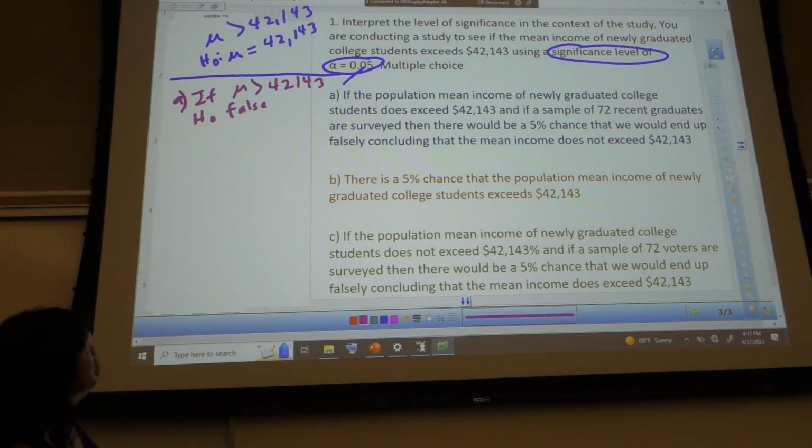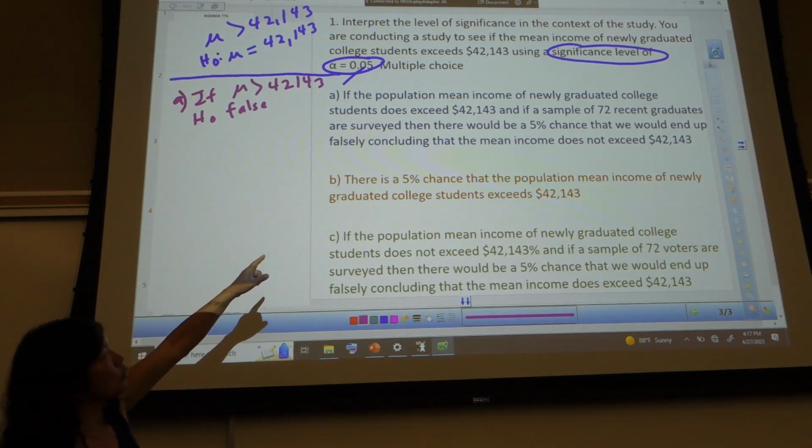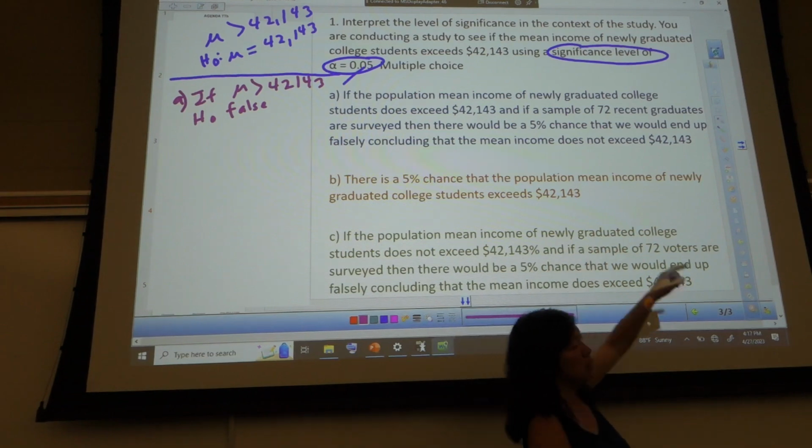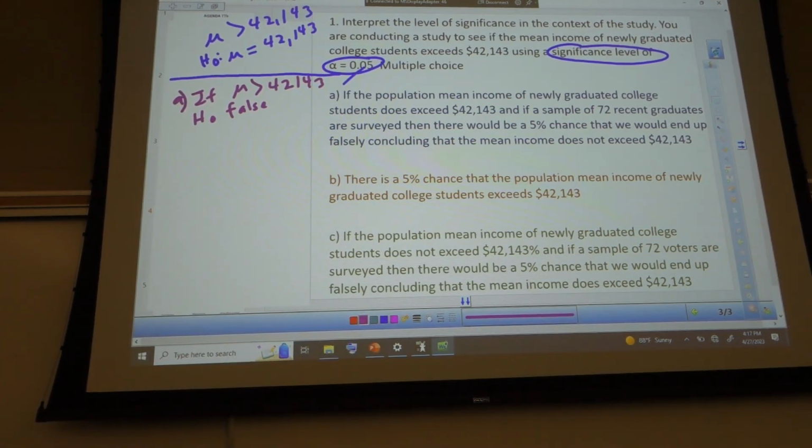If H naught's false, then we would erroneously conclude that the mean does not exceed 42,000. Not exceeding means that we would erroneously not reject H naught. Because if H naught's false, we should reject it.